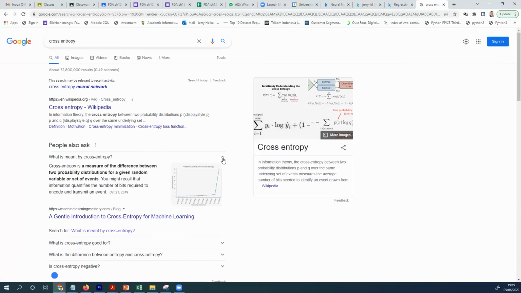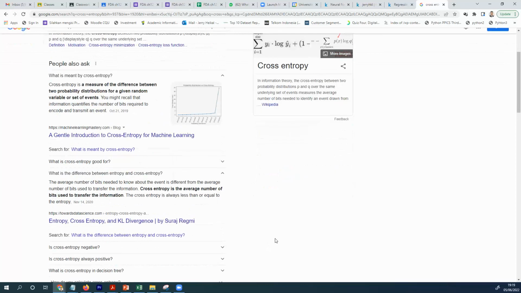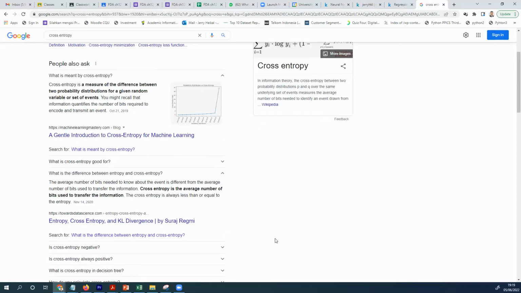Cross entropy is a measure of the difference between two probability distributions for a given random variable or set of events. Entropy is the average number of bits used for information.